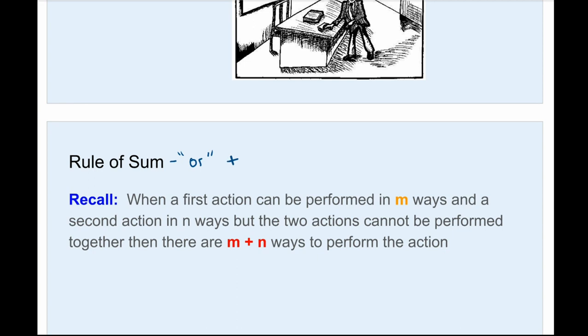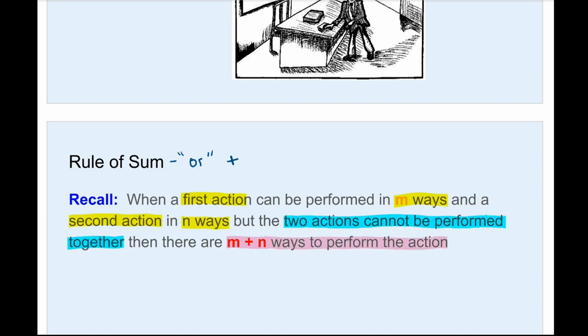So we want to recall that when a first action can be performed in m ways, and a second action can be performed in n ways, but the two actions cannot be performed together, and this is a key thing, then there are m plus n ways to perform the action.